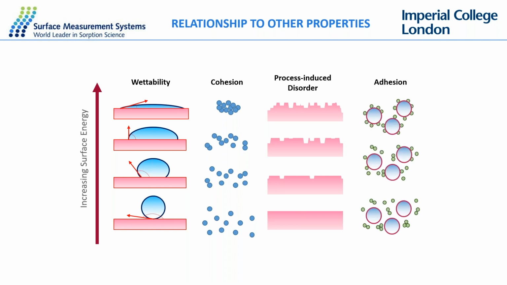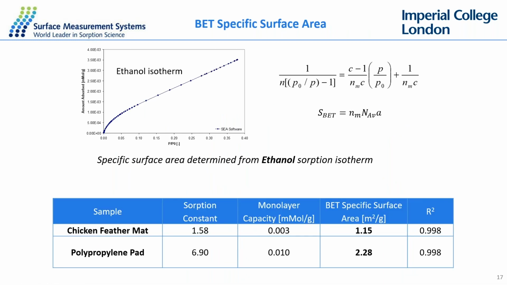And if we have a system with a big molecule and a small molecule, or different substances, a fiber or a non-fiber, and we increase the surface energy, the cohesion between the smaller molecules will decrease, thereby increasing the adhesion between the larger molecules and the smaller molecules. So this is relating the surface energy to different properties.